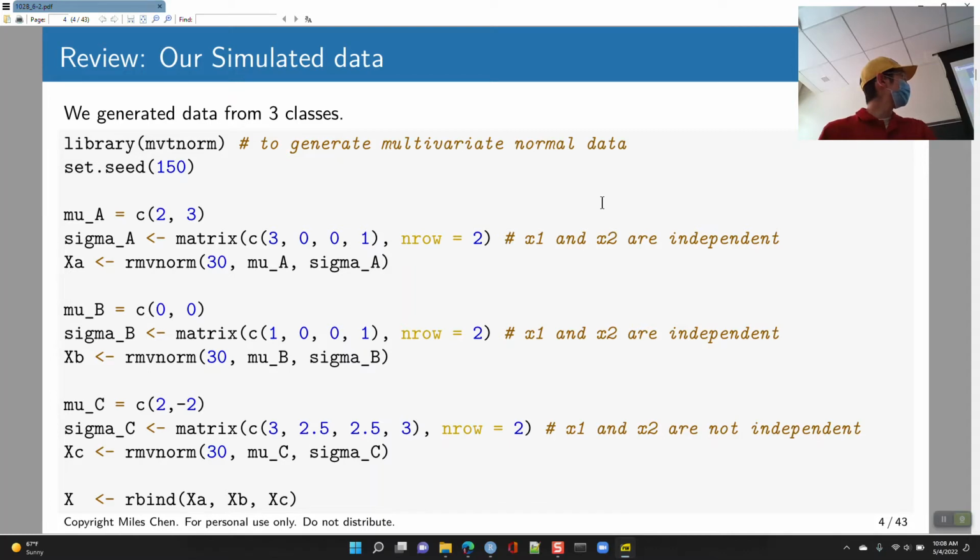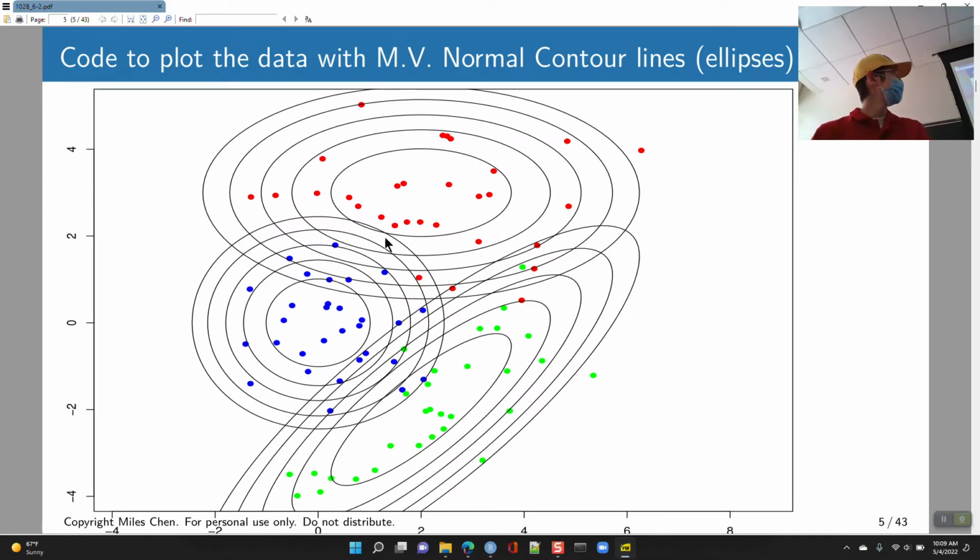And so we did this for a multivariate Gaussian mixture, and we said our training data looks like this. The training data comes in labeled, and we use these black ellipses to generate the data.